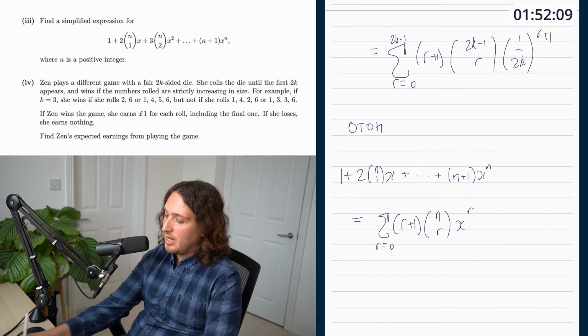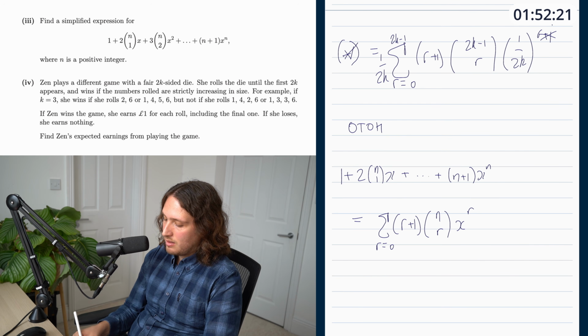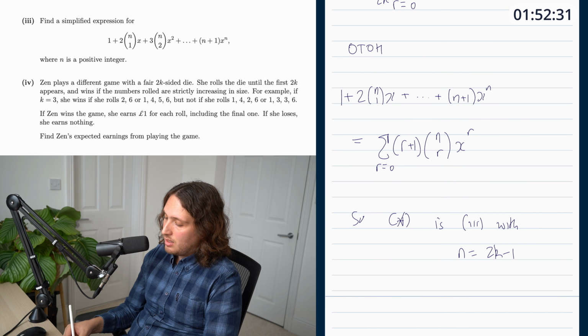Not to the r plus 1. But that's fine. I'll turn that to an r, and I'll pull a 1 over 2k out. So that means if I call this thing star, so star is part 3 with n identified with 2k minus 1, and x identified with 1 over 2k.